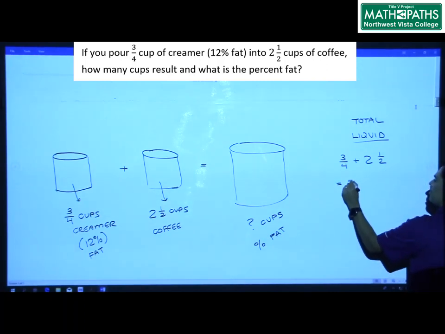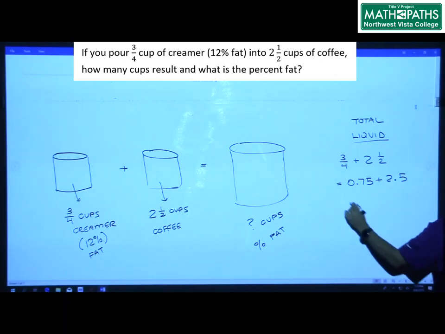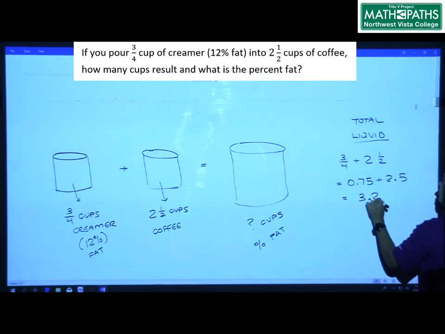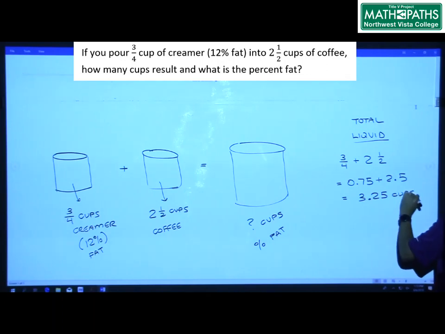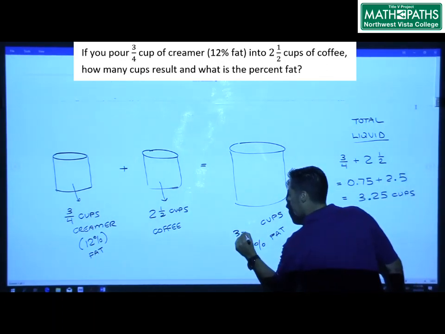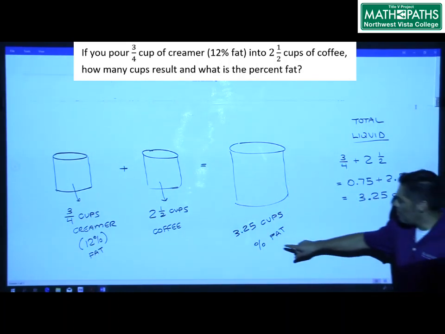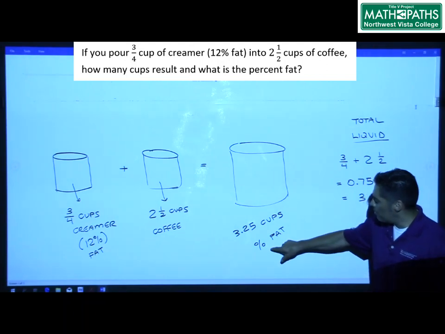And if we convert these to decimals and add, we get 3.25 cups. All right, so that's how many cups we actually have over here in our mixture. And then we're going to figure out our percentage of fat.